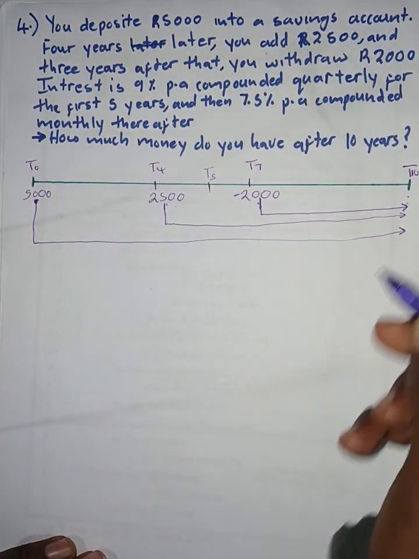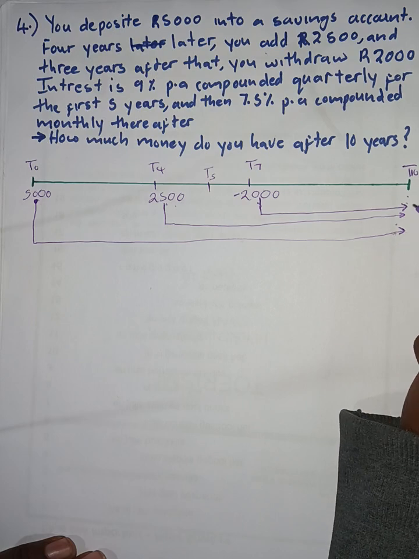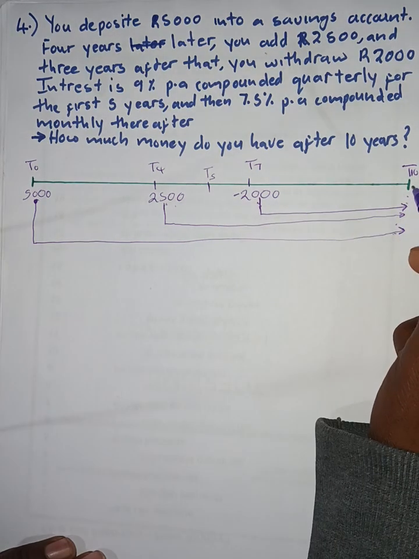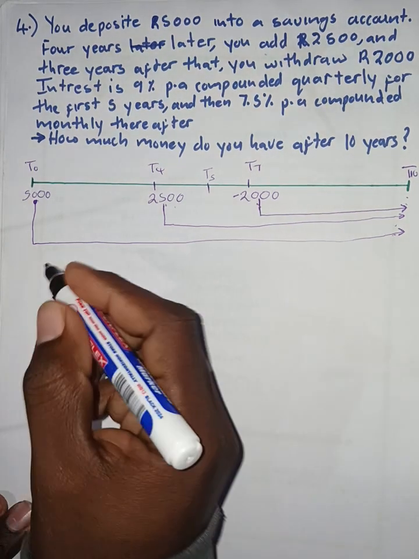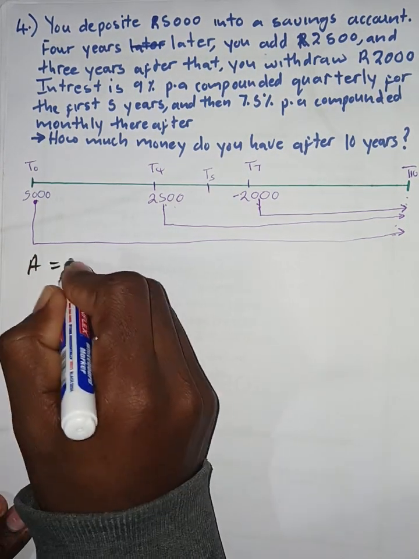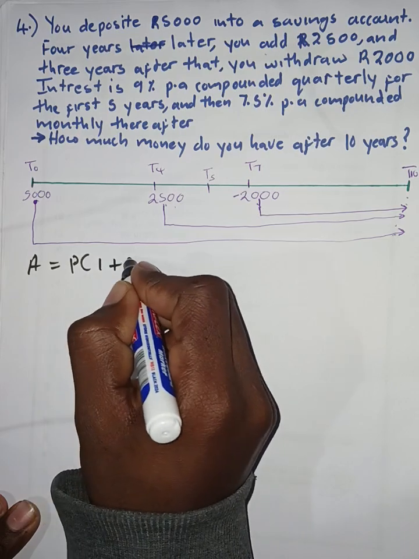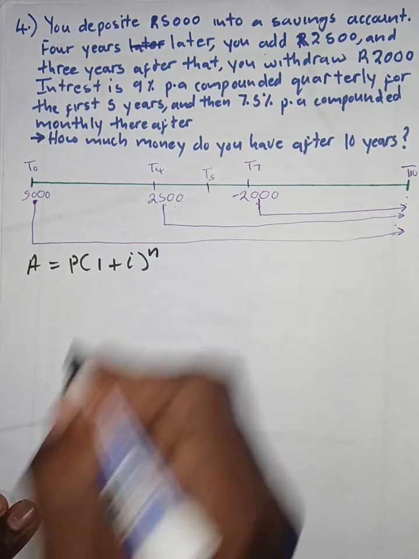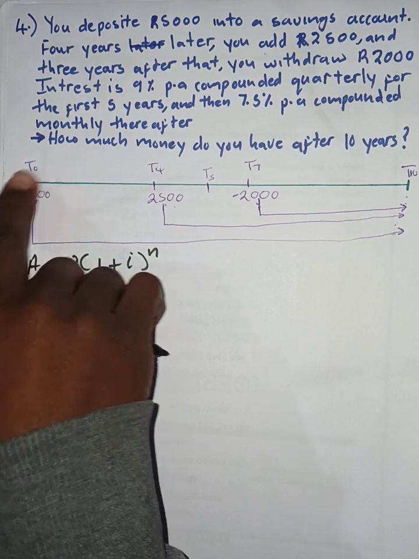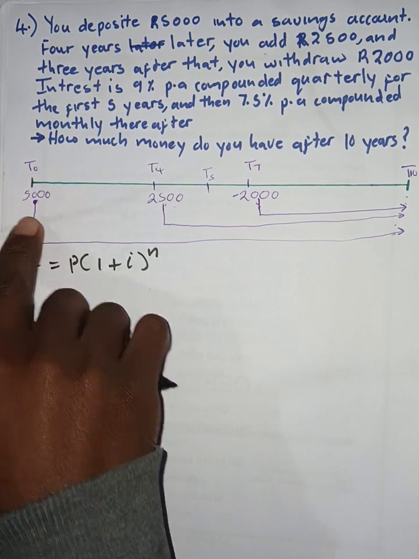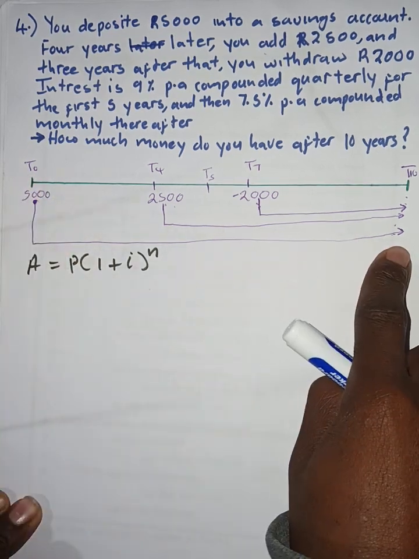And then I would take these two, add them together and subtract that 2,000 at T10. So the first thing that you're going to do, remember, we know that A equals P(1 plus i)^n. So the first thing that I'm going to do would be to find out how much that 5,000 would be worth after 10 years.